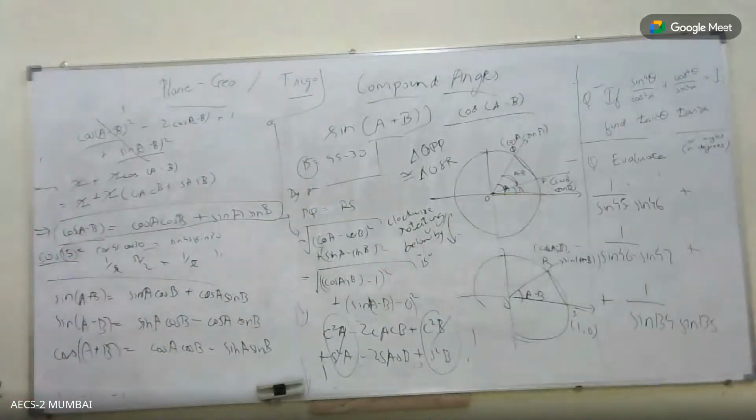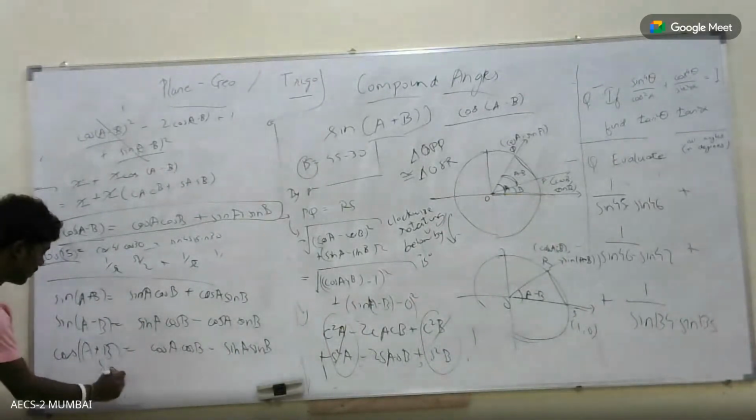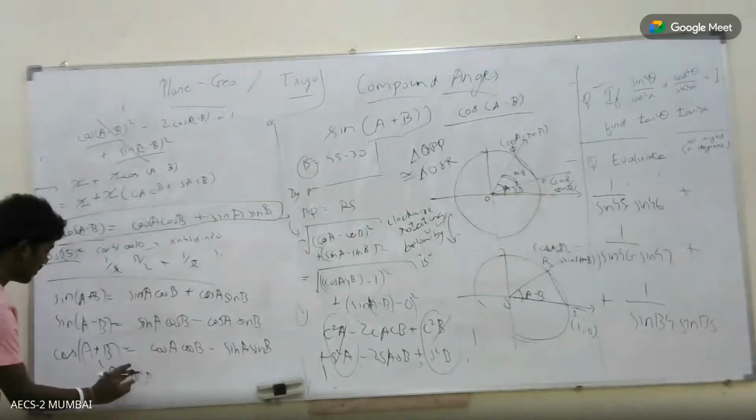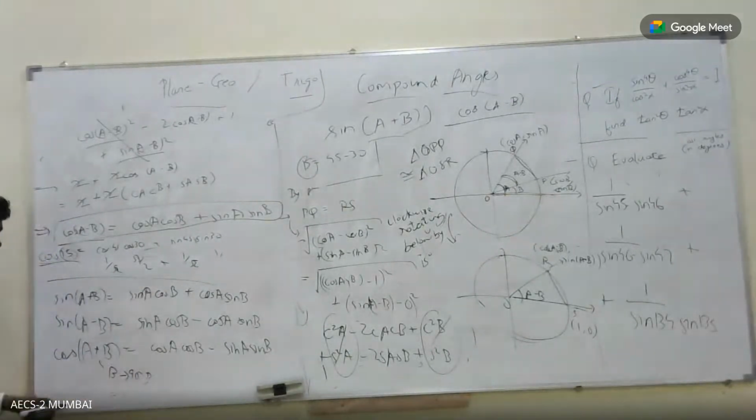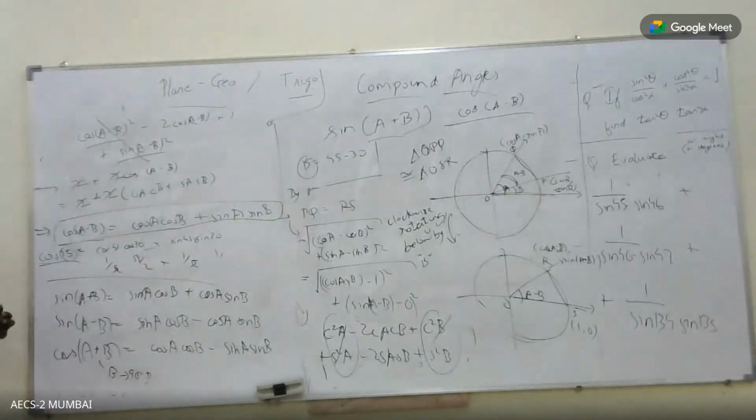Similarly, in order to go from cos to sin, what substitution can we make? Remember how you get sine of 90 plus theta is equal to cos theta? Similarly, you can put b equal to 90 minus b. Cos of 90 minus theta is equal to sin theta, right?